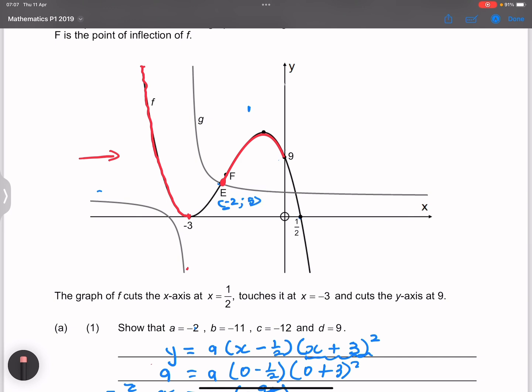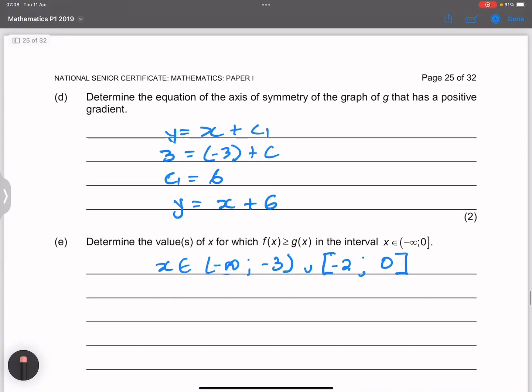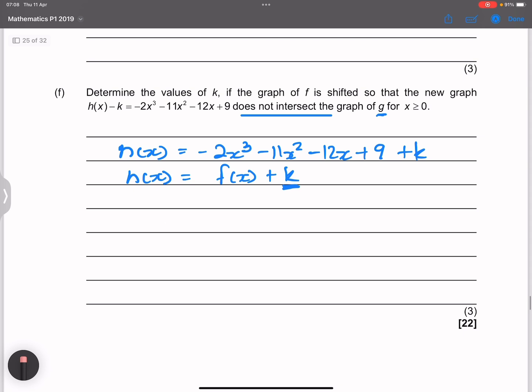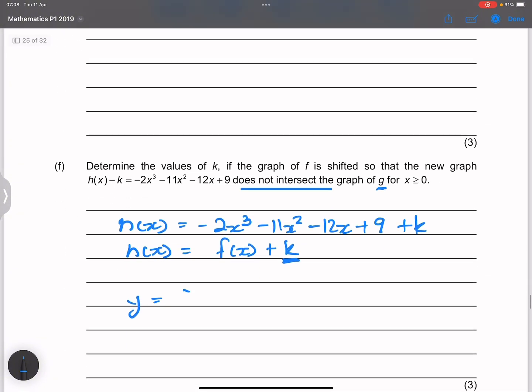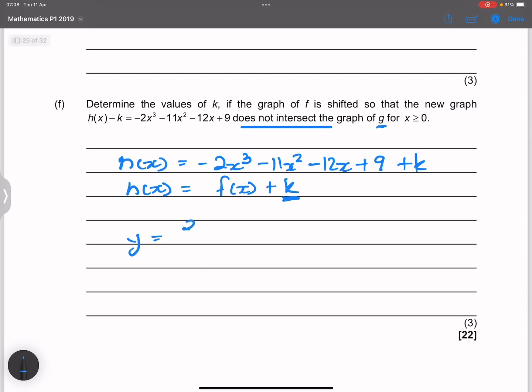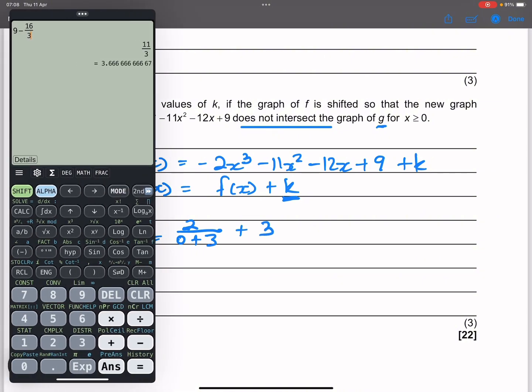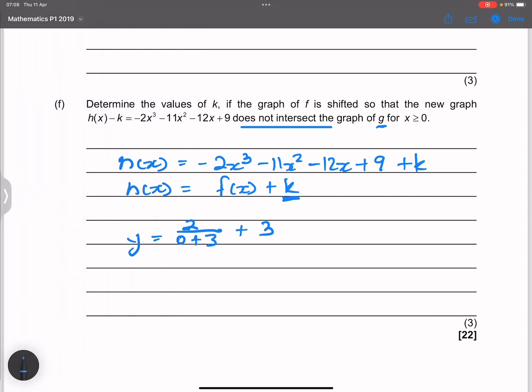Okay, so let's find out what is the y-intercept of our hyperbola. So this is where x is equal to 0. So remember that our hyperbola graph is 2 over, okay, so that would be 2 over x plus 3, plus 3, with x as 0. Okay, so that would be 2 over 3 plus 3. In fact, we can just multiply that for ourselves. So this is 3 times 3, that's 9 plus 2.